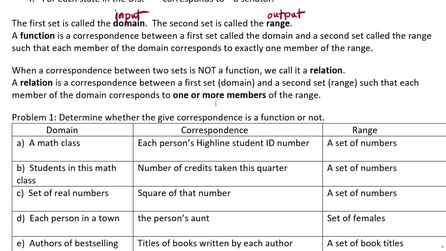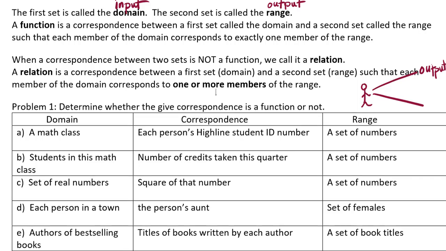And then there are some correspondences that you can look at, but the basic idea is for one input, just like the child with two biological mothers, which is not possible, you can't have some input giving two different outputs. This just doesn't work as a function. Okay? So let's go on to the next page.